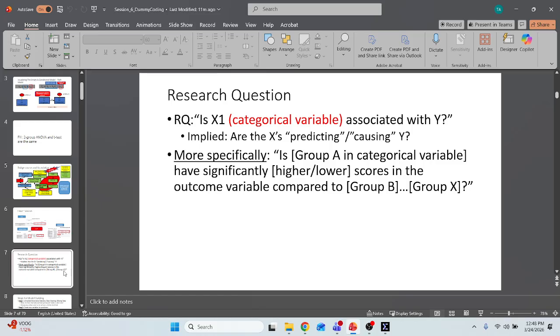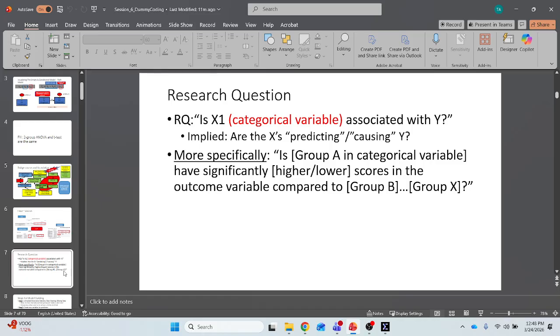Yes, the idea is still predicting. Yes, to some extent, it's still associative. But the terminology is now in mean difference form, right? That this group is going to have significantly higher or lower scores compared to group B, right? Remember your activity with the papers, which, by the way, the feedback's going to come very soon.